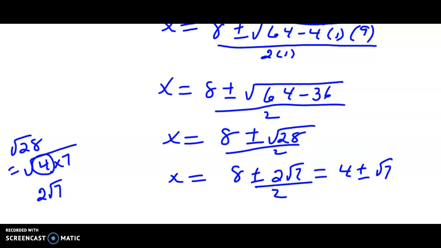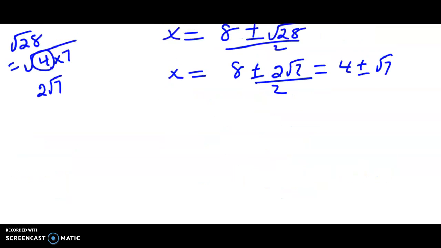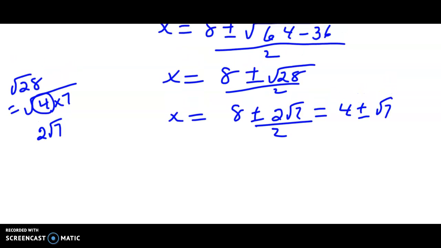Because we're trying to find a length, a width, and a height, x equals 4 plus or minus root 7 is not really going to help us, so we're going to put that in our calculator, and we're going to get 6.68 for one answer, or 1.35 if we plug in 4 plus root 7 and 4 minus root 7.